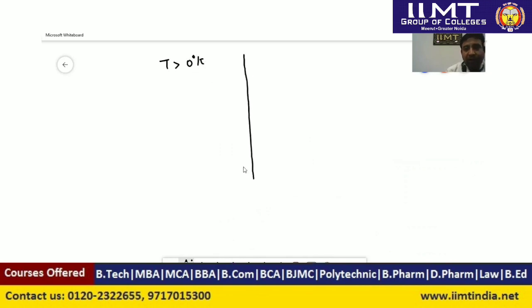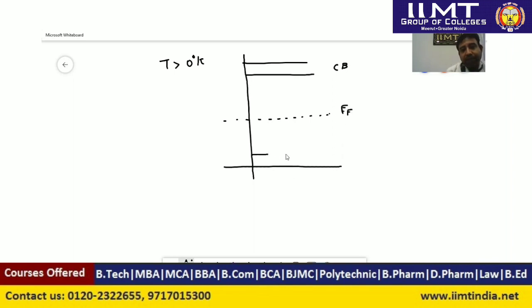If you want to draw the energy band diagram, watch it very carefully. Some very interesting things happen here. A particular electron from a particular silicon atom jumps. This creates a vacancy, a hole, and the electron which has jumped moves into the conduction band.